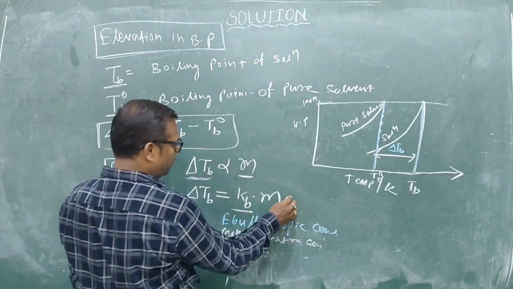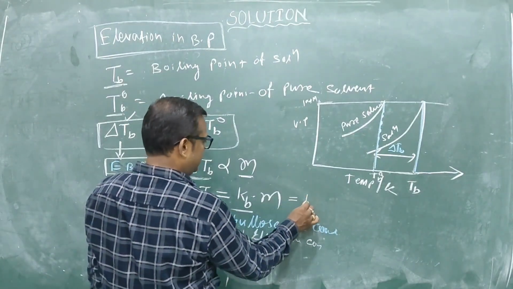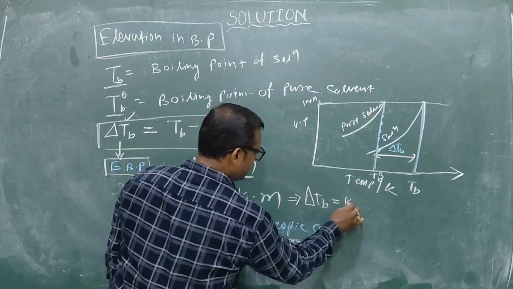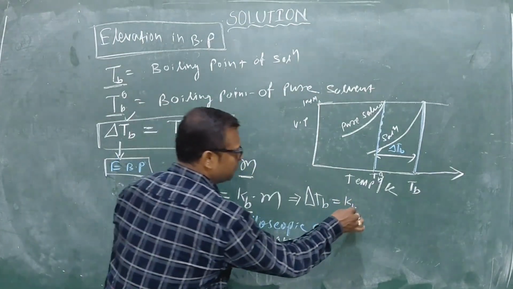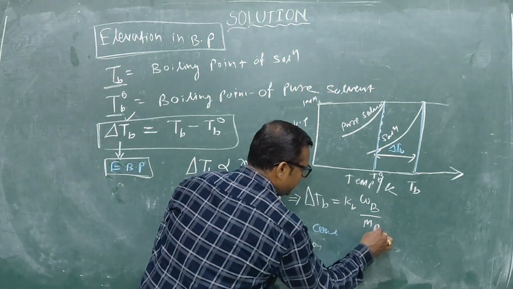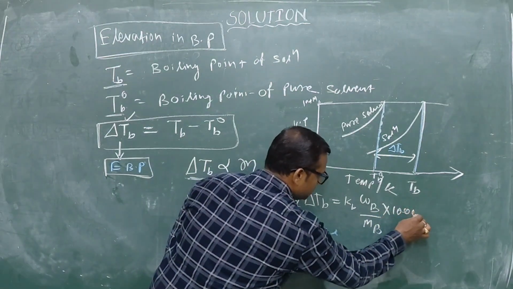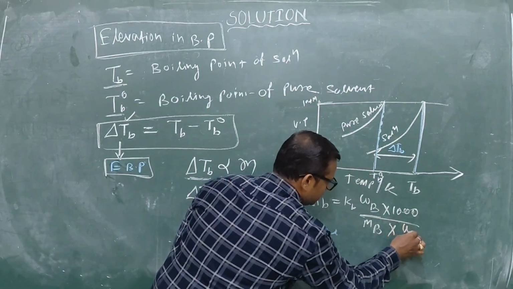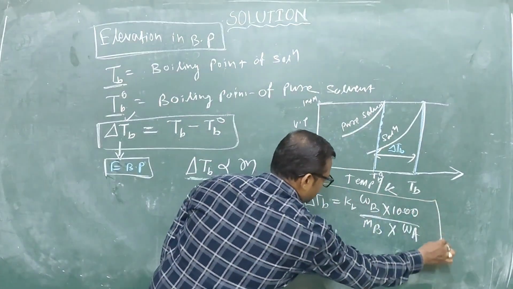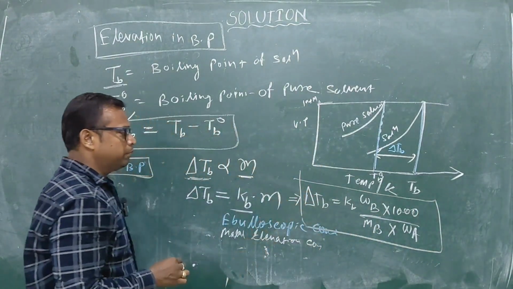So in place of molality we can write delta TB is equal to KB times the molality formula, WB by MB multiplied by 1000 multiplied by WA. So this is the formula for elevation in boiling point.